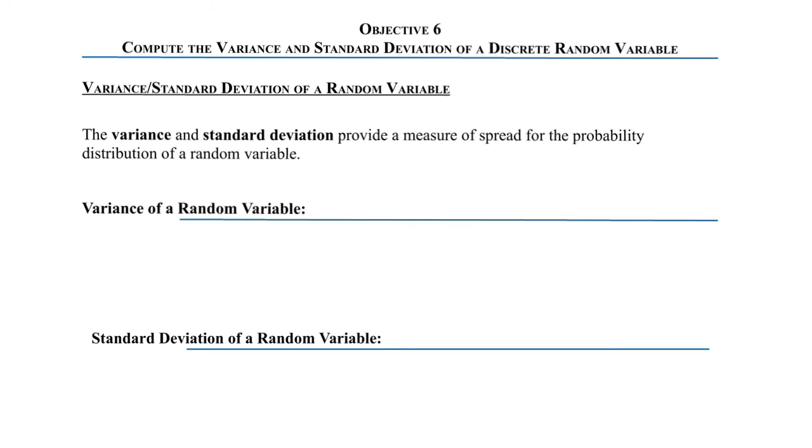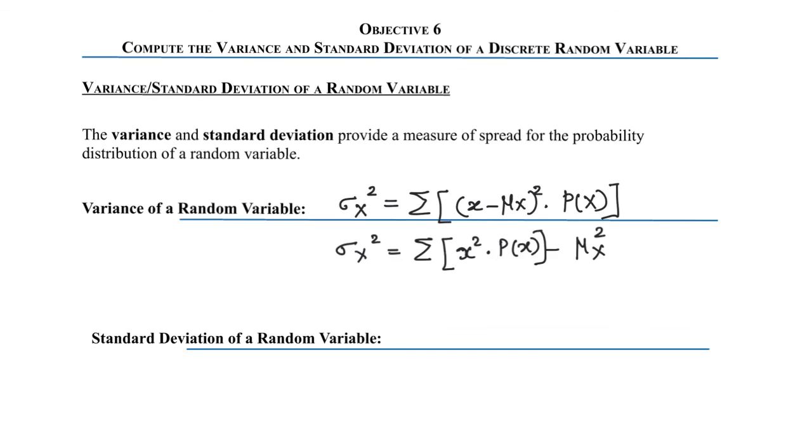So the variance of a discrete random variable x is sigma x squared, and the formula is the summation of x minus mu of x, squared, multiplied by the corresponding probability p of x. The standard deviation of x is the square root of the variance.